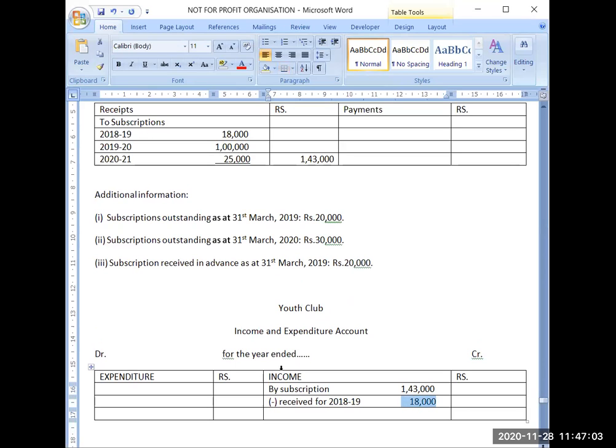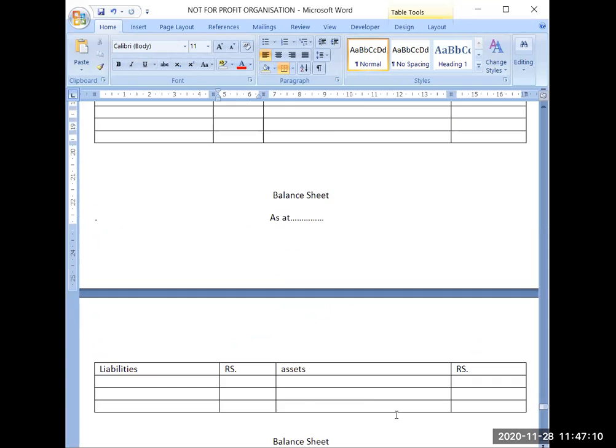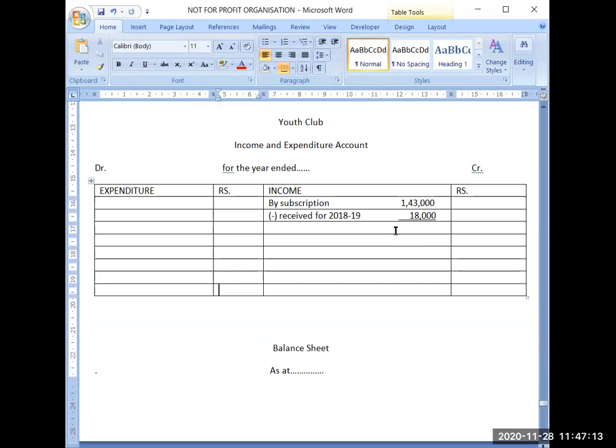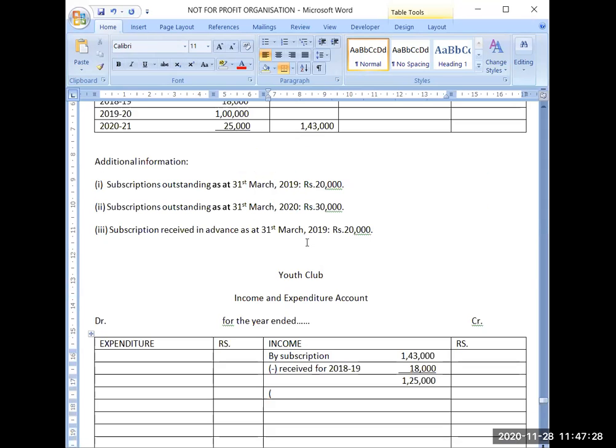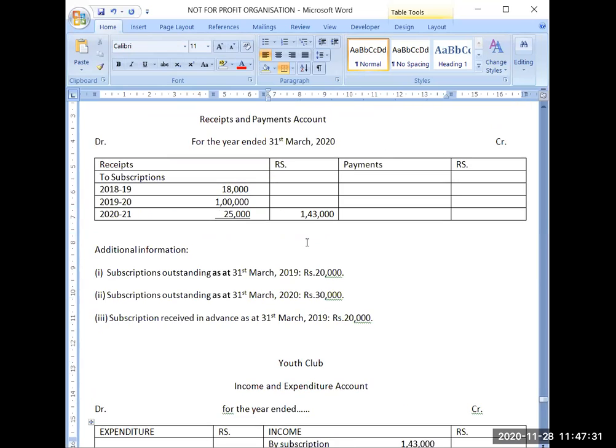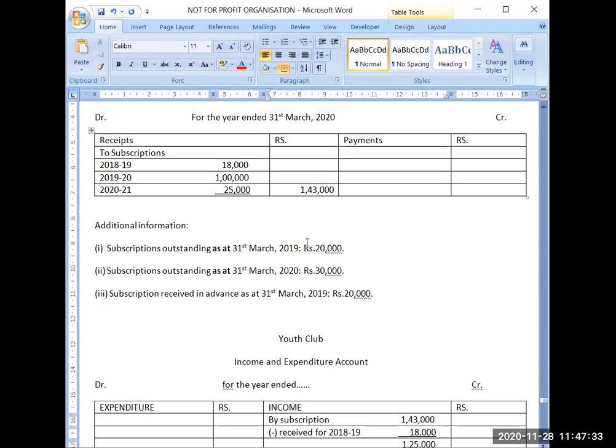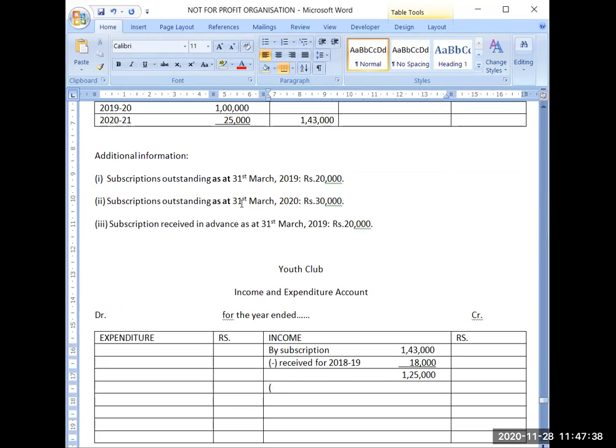And if I deduct it, I will get 1,25,000. Now again, we have received an advance of 25,000 also.